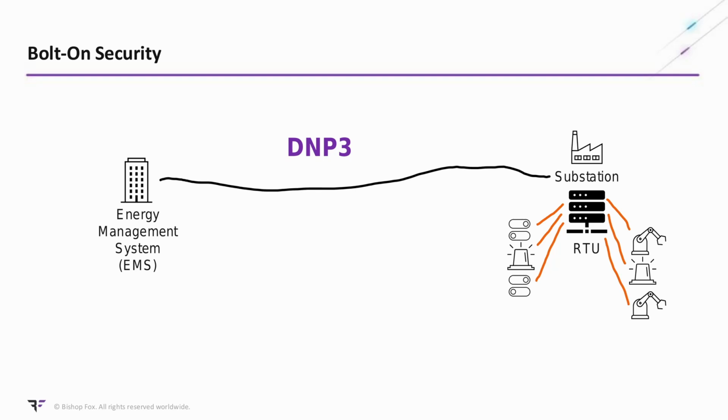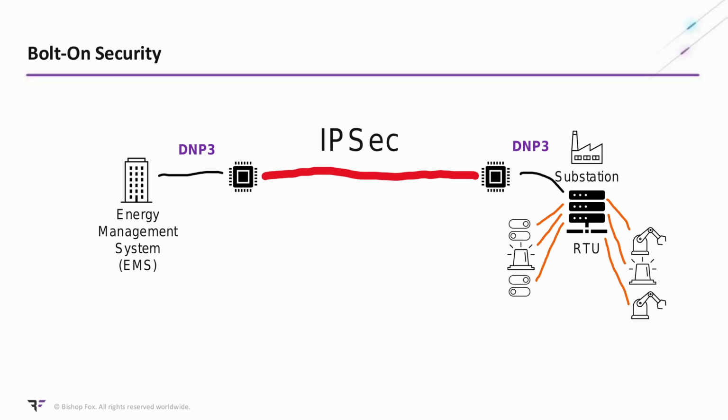Some people, even way back then, recognized that it's probably not great. So maybe we could bolt on some security by adding what they used to call bump in the wire solutions, basically an IPsec tunnel between, say, the EMS and the RTU. That way there are encrypted connections over the wire. It doesn't do nothing, but there are a couple of problems with it.